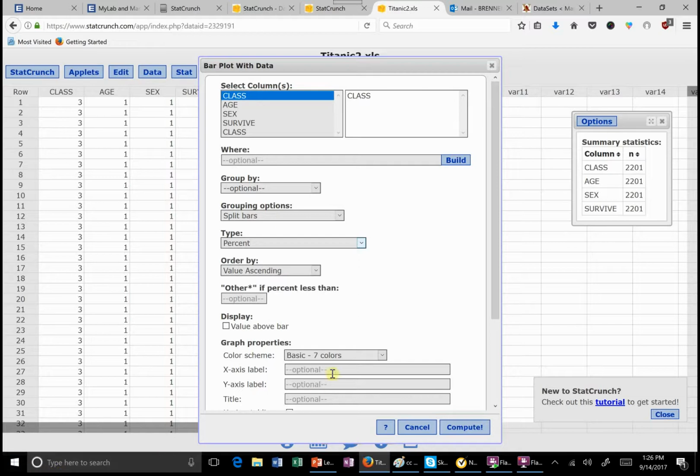You can put in some information. Okay, so I might say this is the passenger class. All plots in this class have to be labeled. If you turn in anything, the x and the y-axis have to be labeled. I have to know what I'm looking at, okay? And this is going to be the percentage.